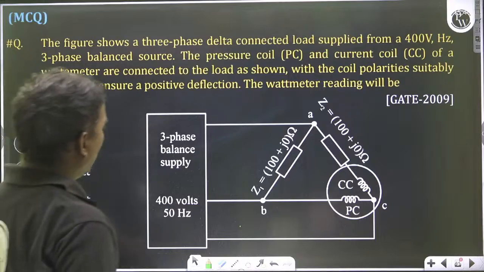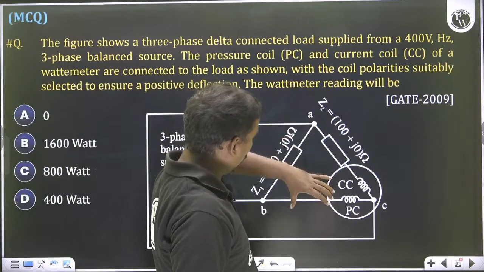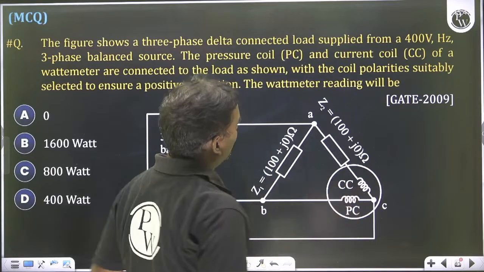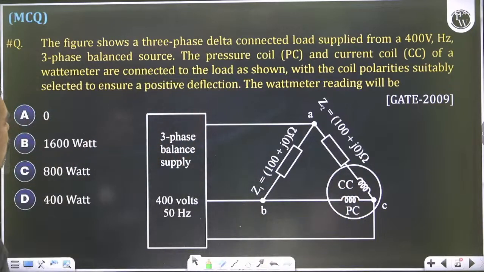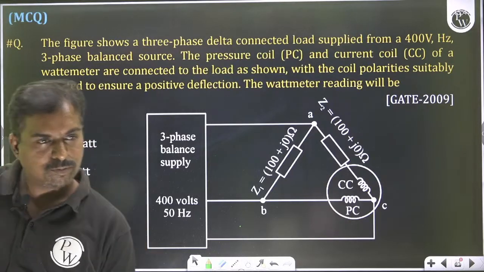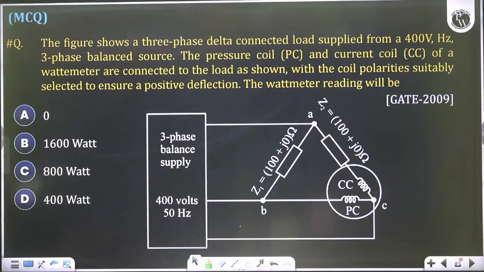So there is a delta connected load Z1, Z2, Z3. In the place of Z3, the pressure coil and current coil are coming. The load is supplied from a 400 volts three-phase balanced source. The pressure coil and current coil of a wattmeter are connected to the load as shown. With the coil polarity suitably selected to ensure a positive deflection, the wattmeter reading will be dash. Try to answer this question.